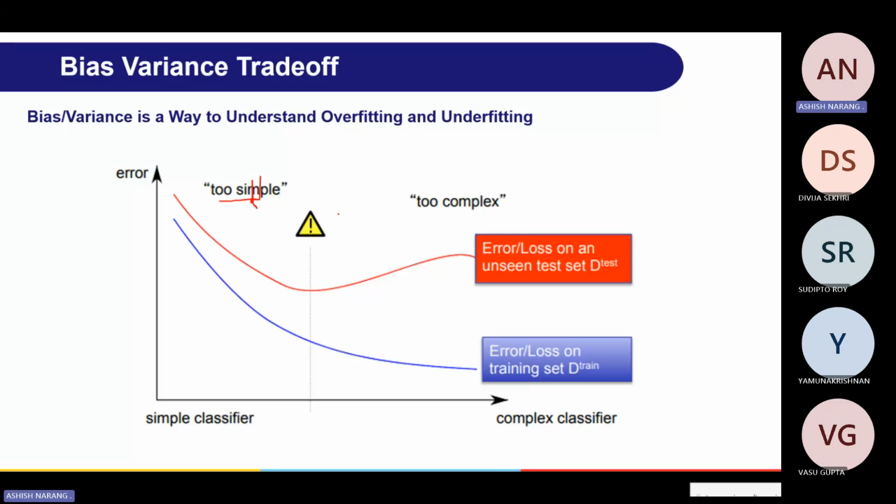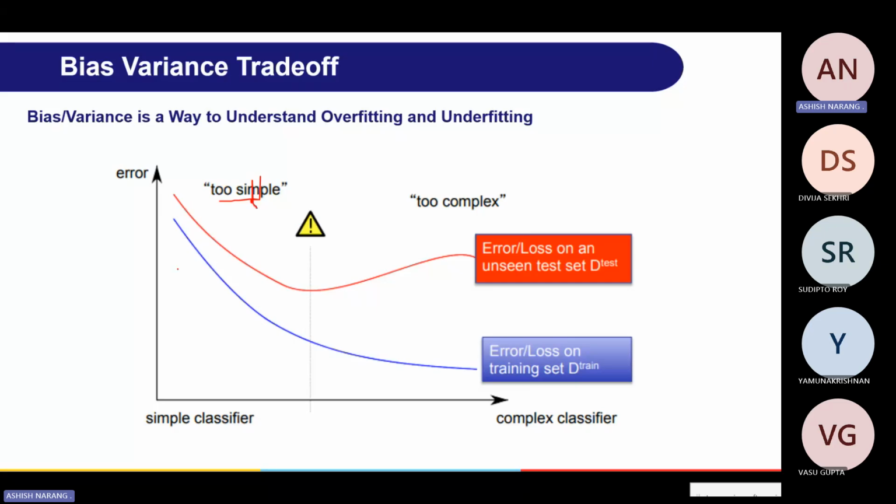The term bias means this is an error because the model is too simple. That is what bias is. When you have a high bias in a model, there are strong assumptions and it misses out important patterns. So a simple classifier has a high bias.